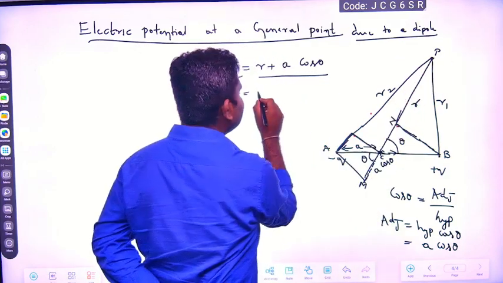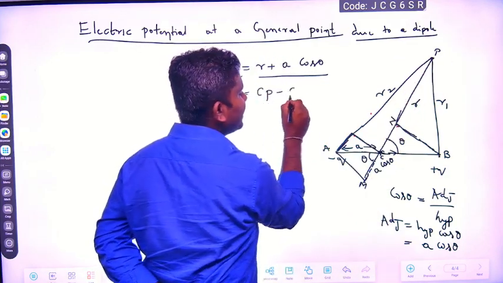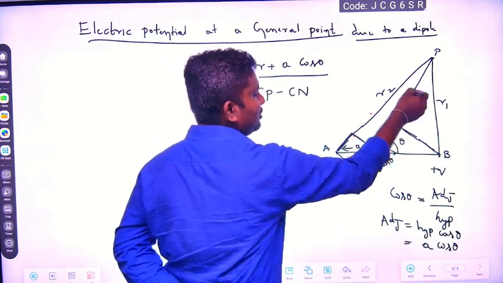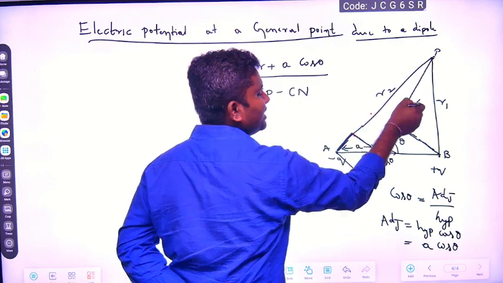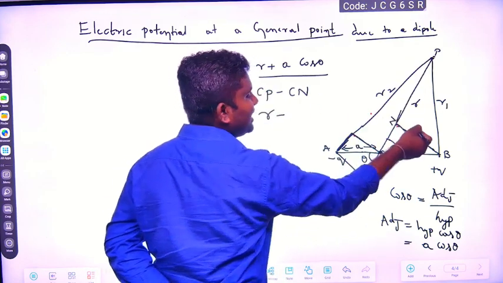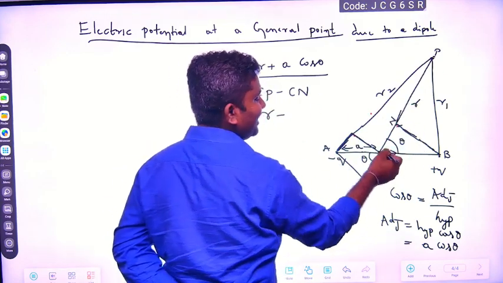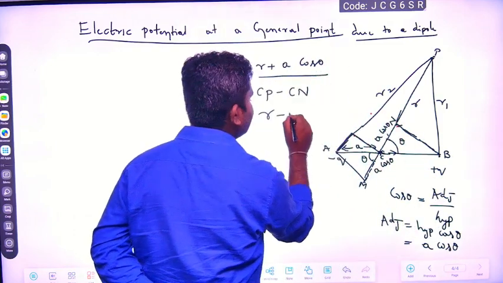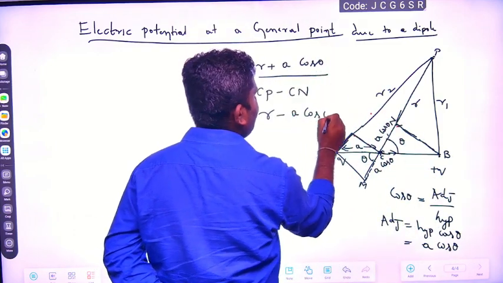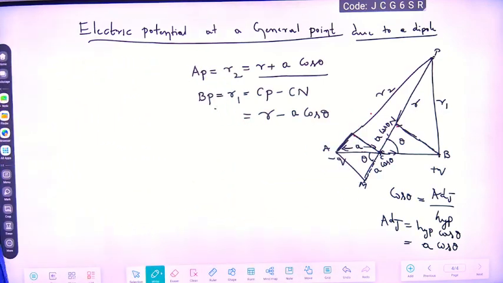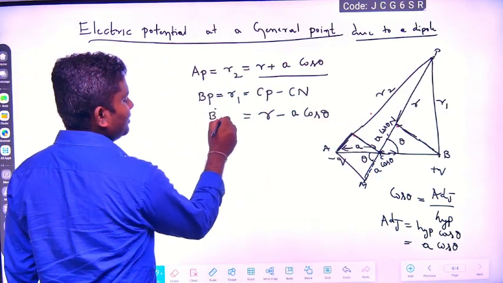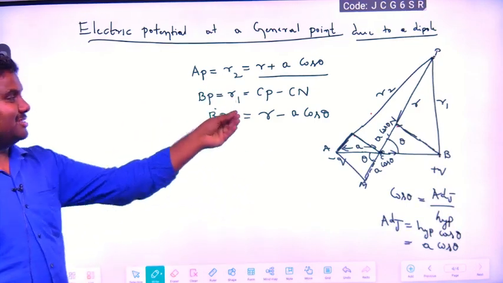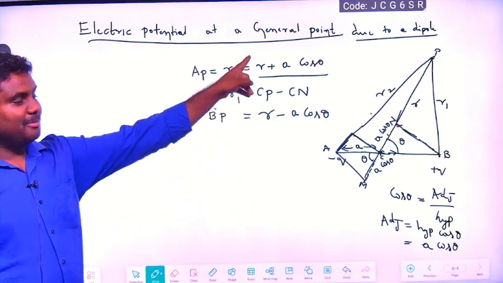What is the total? Cp minus Cn. What is Cp? R. R is Cp, no? Total from C to P is R. Minus, what is Cn? Cn is again this is also a cos theta. Okay, this is what? BP. BP is R1, which is R minus a cos theta. AP R2 is R plus a cos theta.